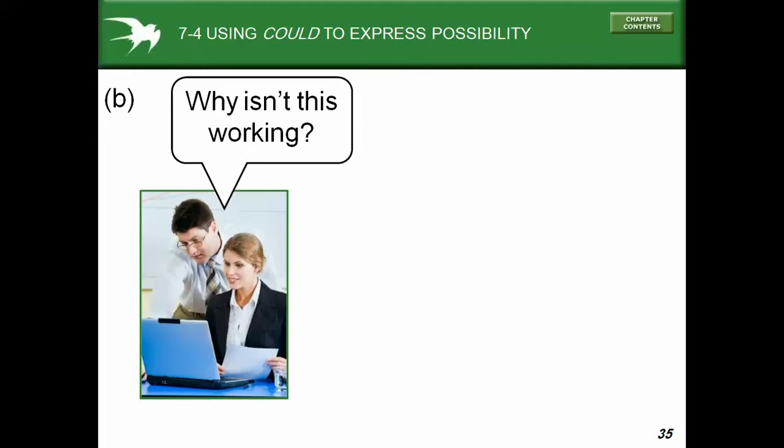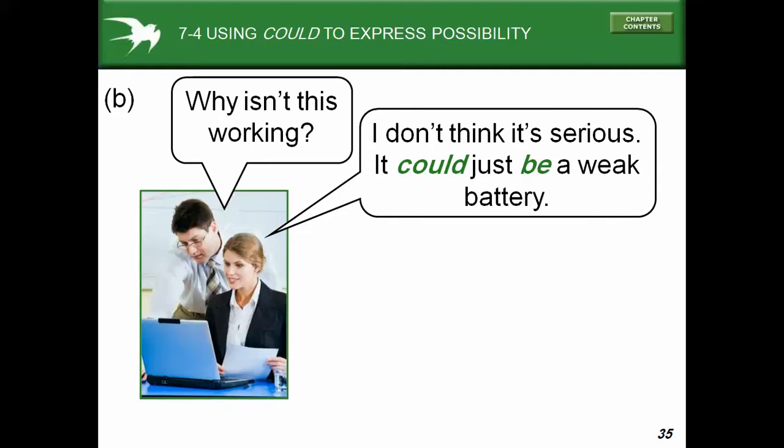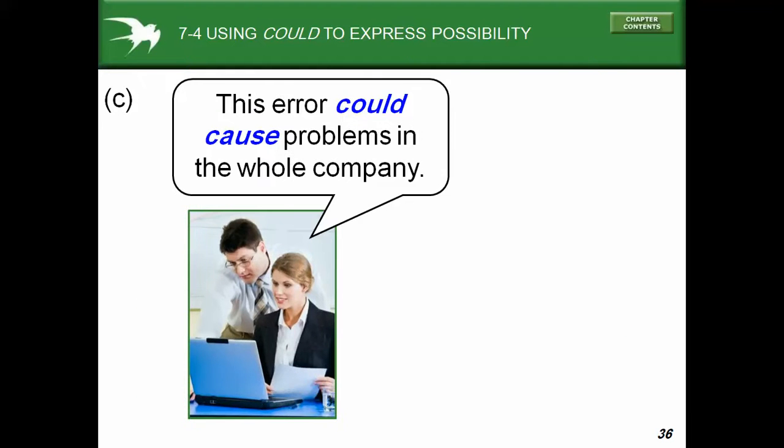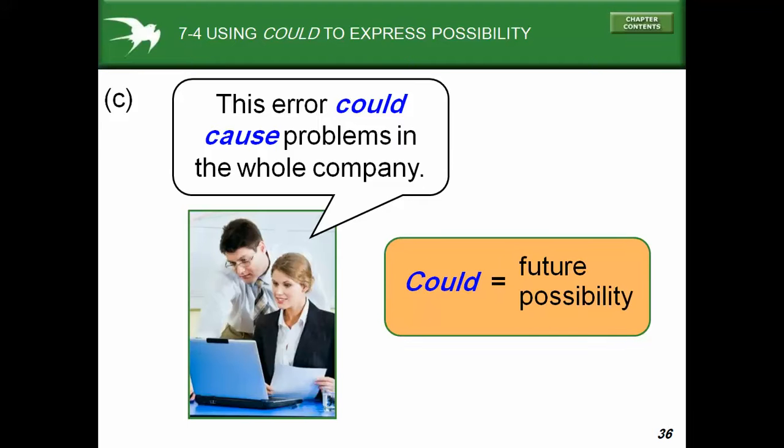Why isn't this working? I don't think it is serious. It could just be a weak battery. Could, present possibility. This error could cause problems in the whole company. Could, expressing future possibility.